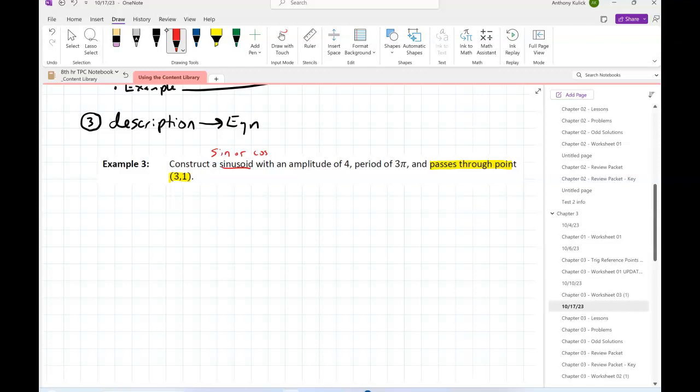Which one do you think is going to be the easiest one to use? I'm going to choose it to be a midline point. And in fact, the type of midline point I'm going to choose it to be is the one that's preceded by a minimum and followed by a maximum.